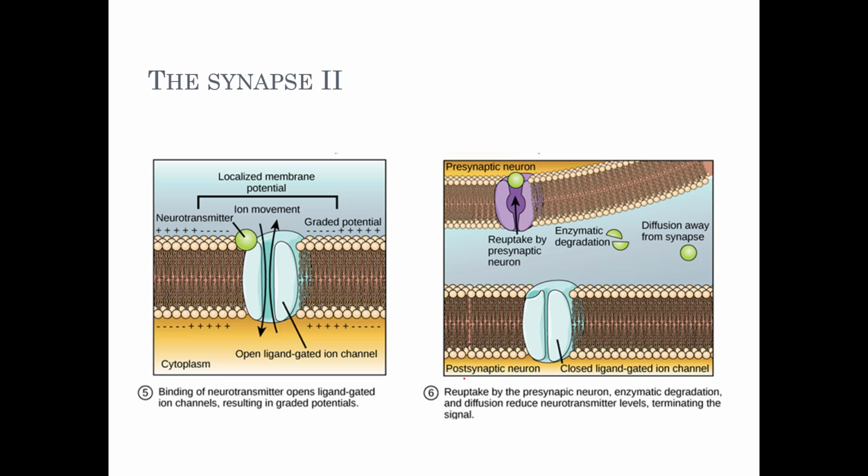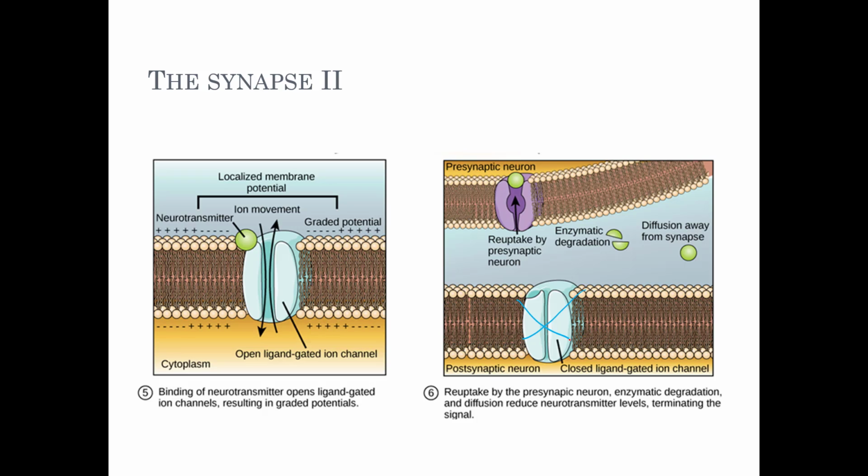So this is what happens here: the binding of the neurotransmitter has opened these ligand-gated ion channels, and you can see here that the ion movement goes in either direction. Now, in order to allow our postsynaptic membrane to go back to resting potential, we have to close these ligand-gated ion channels. And we have to do that by removing the neurotransmitter.